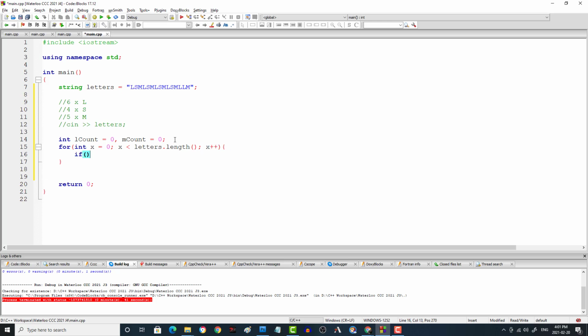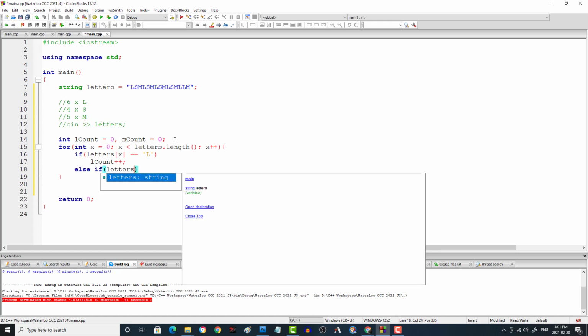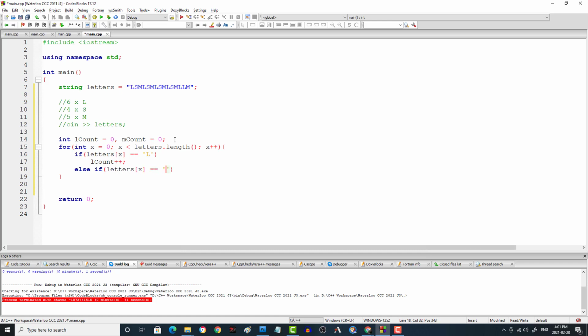Then if the letters at x is equal to an L, then L count plus plus. Else if letters at x is equal to an M, then M count plus plus. At the end, that should tell us what our L count is and what our M count is.